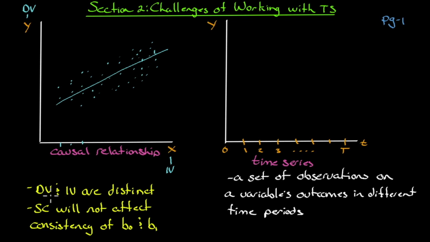So the key point here is our dependent variable and independent variable are distinct. Serial correlation in something like this will not affect the consistency of the regression coefficients that we estimate. Serial correlation will tell us that we have a missing variable. It will affect the value of B0 and B1, but not the consistency of them.